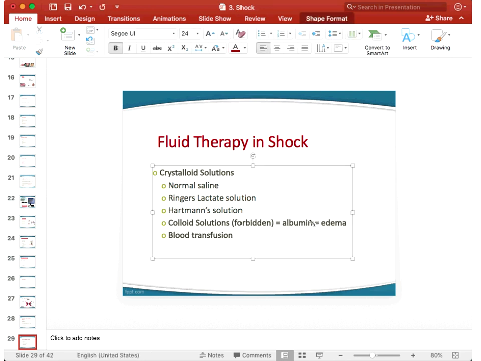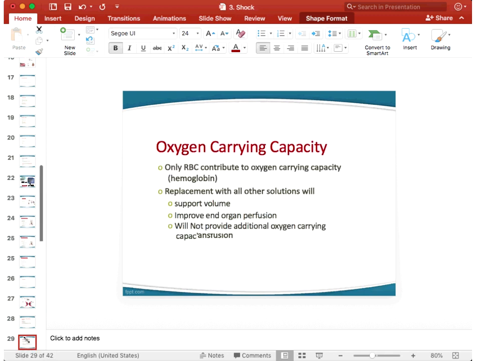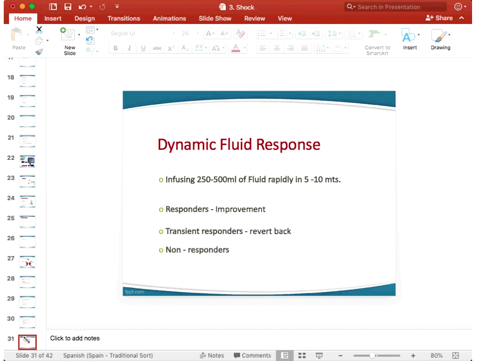There are some cases in which you use albumin in order to avoid edema, and you may as well want to use blood transfusions, especially when your shock is of the hypovolemic and hemorrhagic type. And that will make sure that the oxygen is being delivered throughout the entire body.